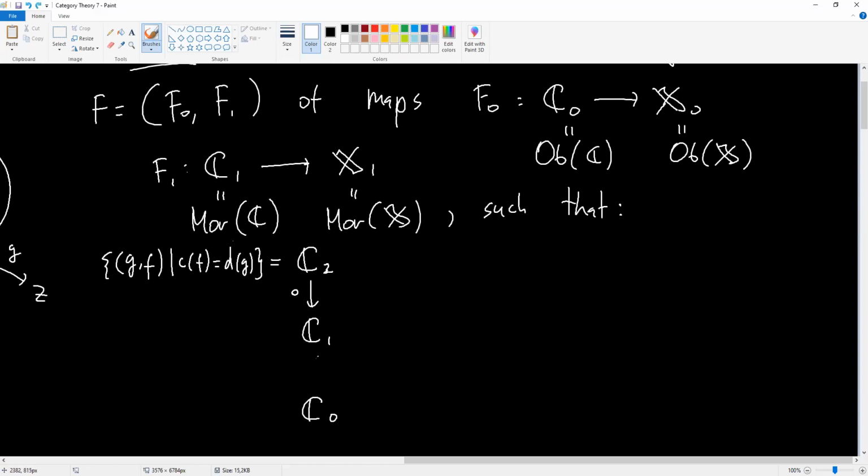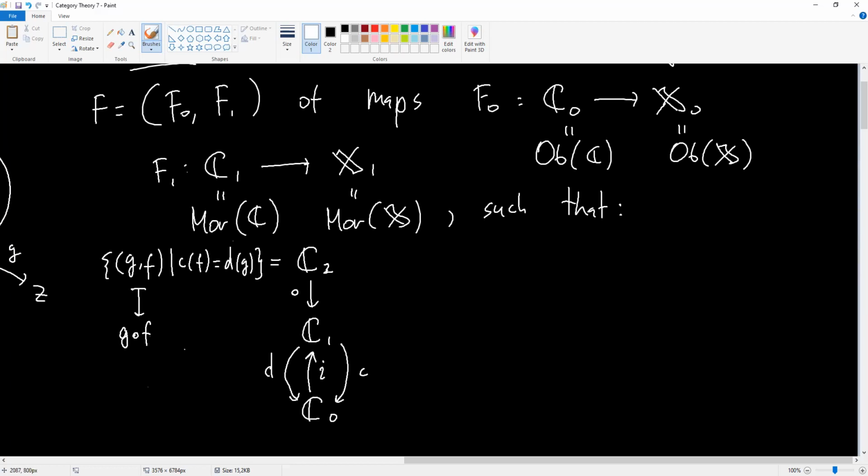And then we have other maps. Here is the domain map. Here is the codomain map. And we also have a map here, the identity, choosing the identity arrow for each object. So composition map maps GF into the composite G composed with F.